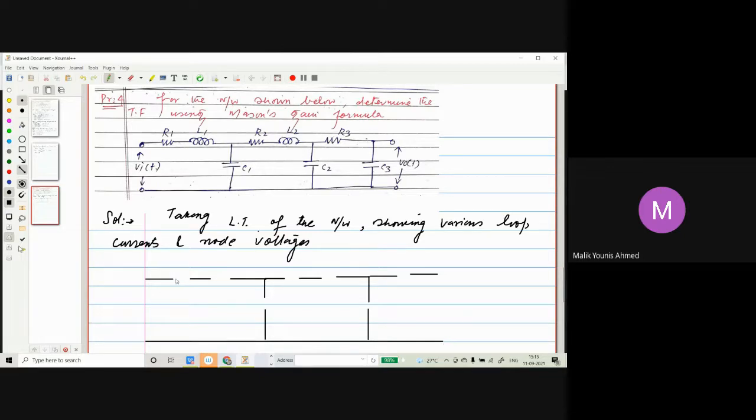Okay, this is R1, this is L1, this is R2, this is L2.